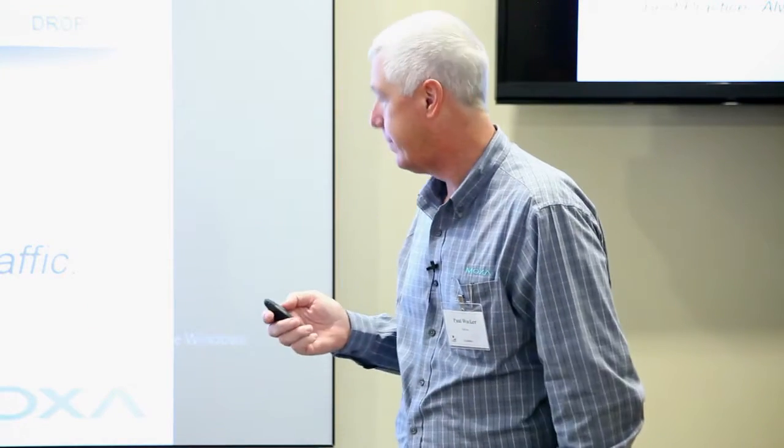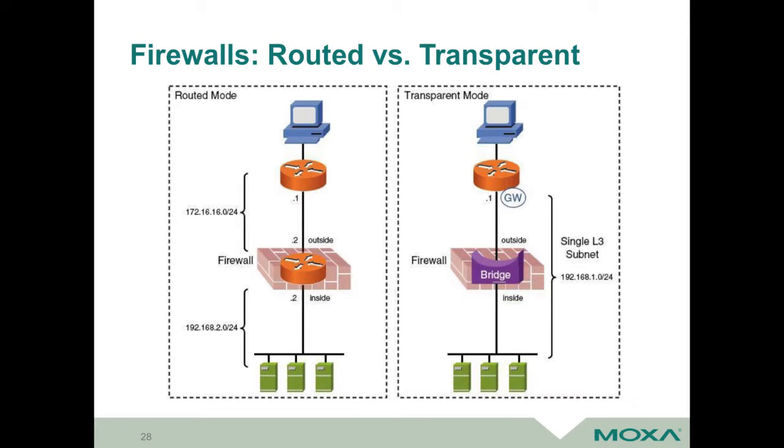Okay, and then another thing here, there are a couple categories of firewalls. I won't spend a lot of time, but there's a routed mode, which is more typical, where you basically have an outside IP address and an inside one. A good example of this might be your router at home. You might have 192.168.1.50 for your laptop, and externally you might have something like a 10.1 or a 172 dot on your outside address.